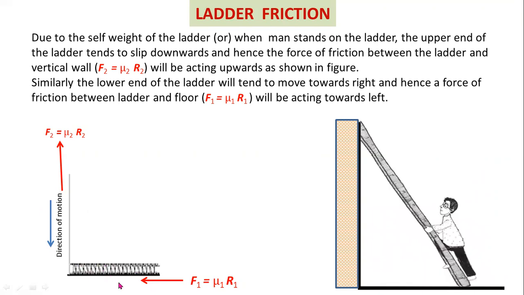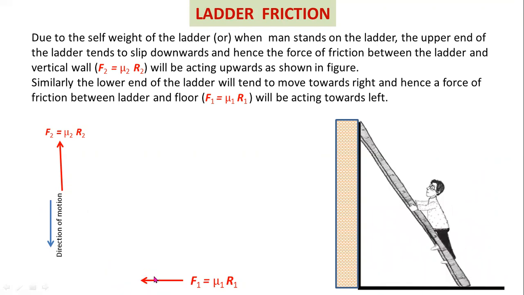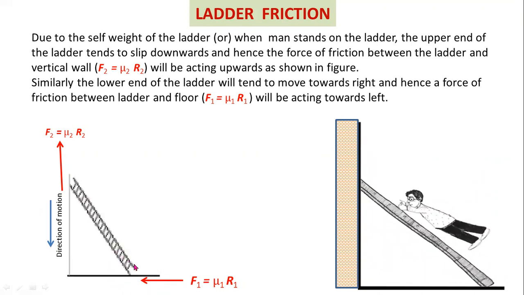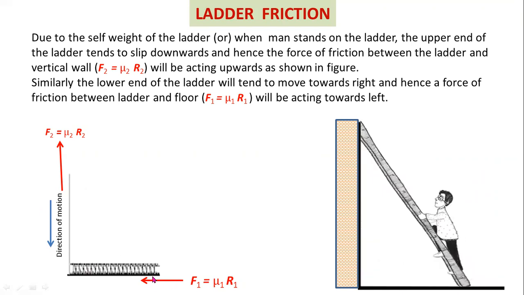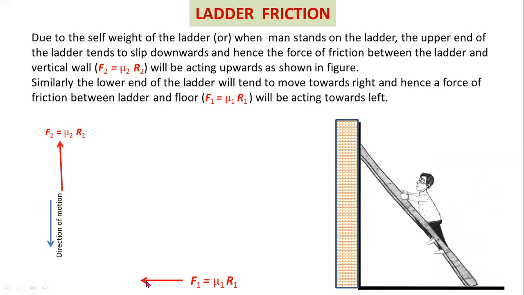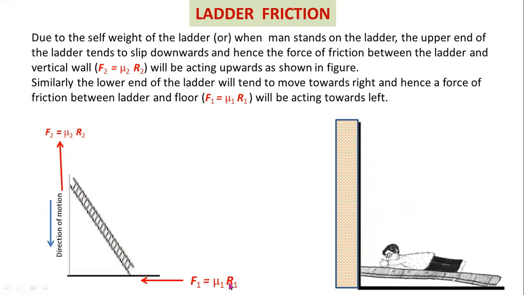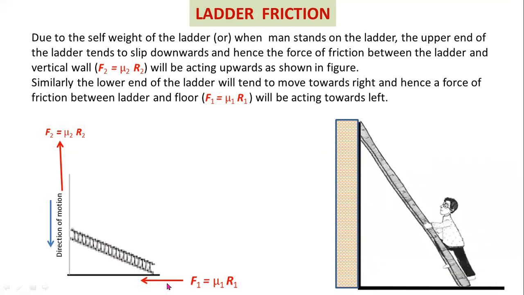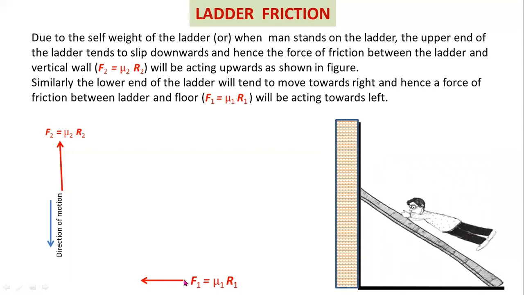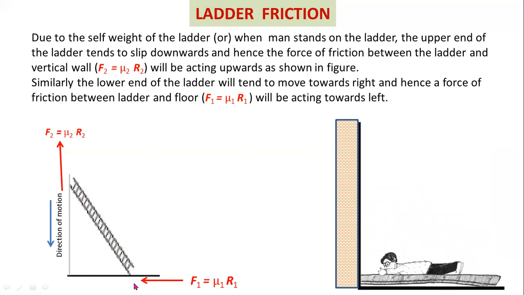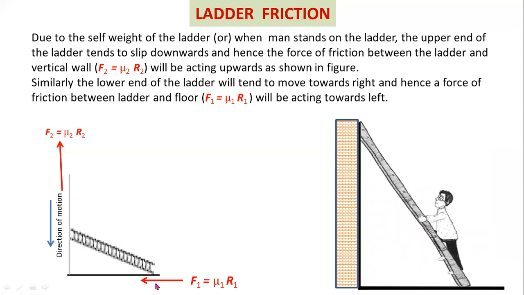In a similar way, the lower end of the ladder tends to move towards the right. Hence, the force of friction between the ladder and the floor will be acting towards the left. Already we know that frictional force always acts opposite to the direction of motion of the ladder.